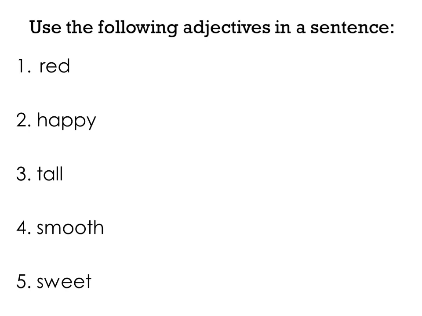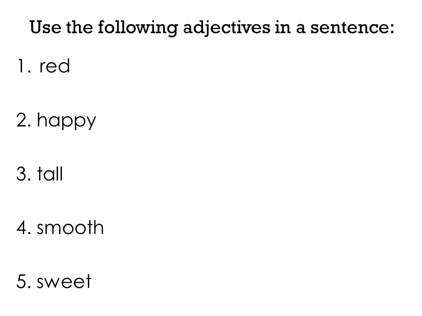Number two, happy. Write a sentence using happy. Number three, tall. When we say tall, it's the height of that person is so big. Just write a sentence using the word tall.